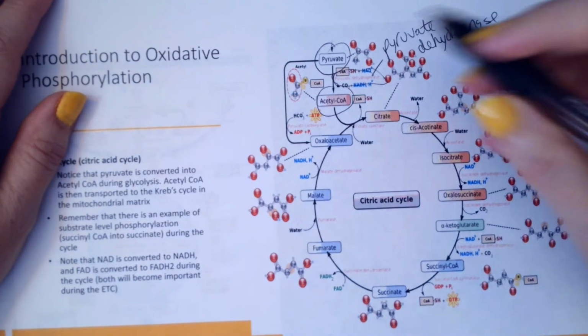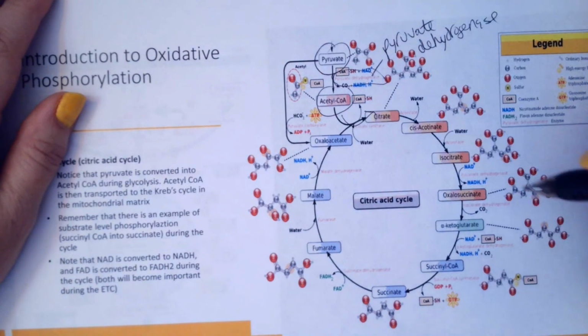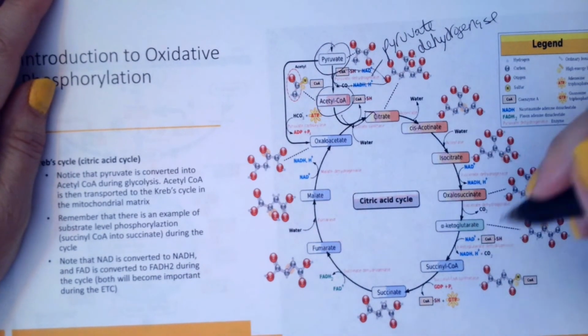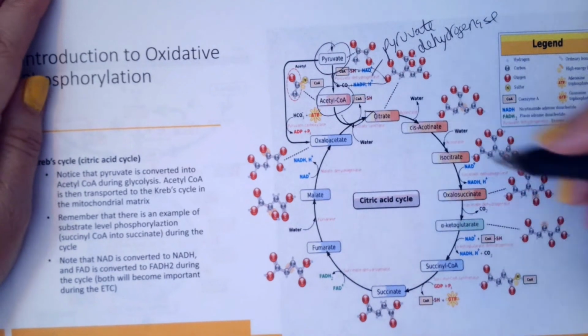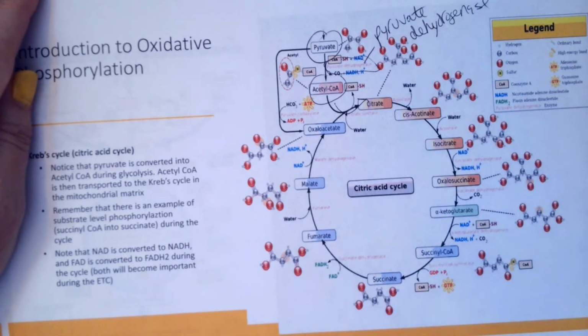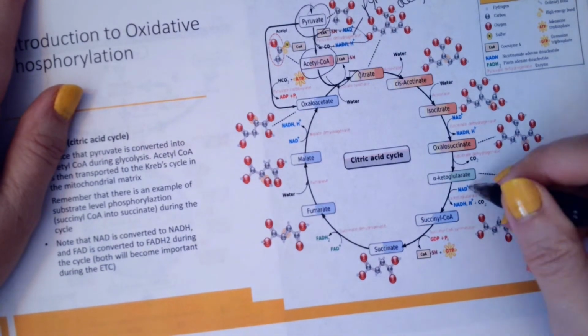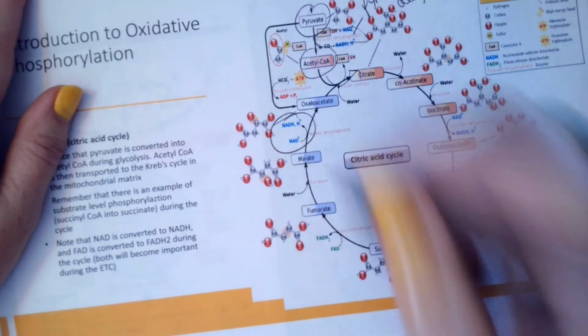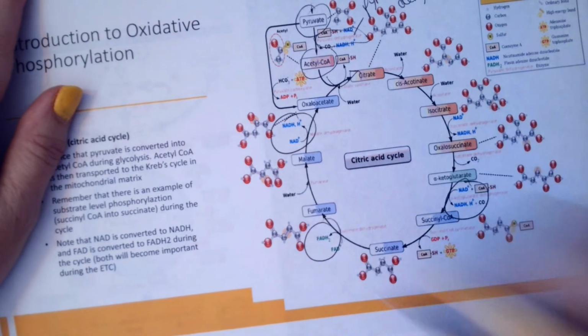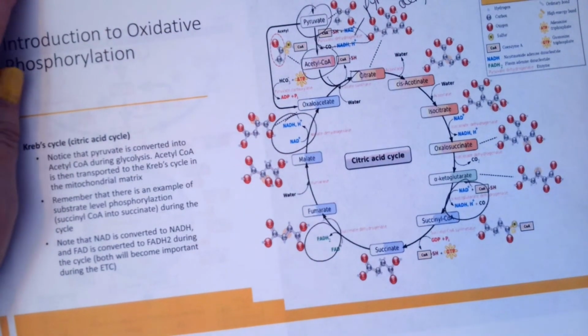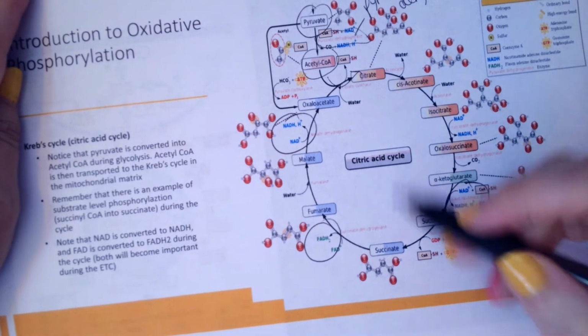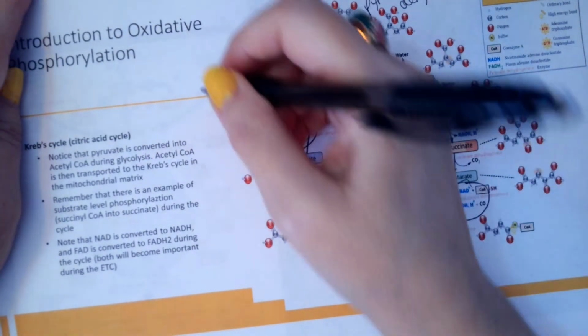Okay, and then we enter into the Krebs cycle, and we go around and around, and we create a little bit of energy, and we create our NADH. Where's our NADH? There's some NADH, there's some NADH, and some FADH2. Those are able to go into the electron transport chain. So these two are what we're looking for.